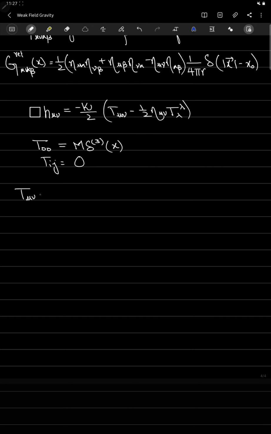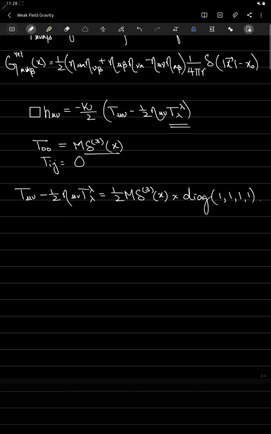So T_{μν} minus 1 by 2 η_{μν} T^λ_λ is equal to 1 by 2. Now you have the zeros as this, so you'll have m δ³(x), and we multiply it with, because of this trace thing, the diagonal matrix whose entries are 1 1 1 1.